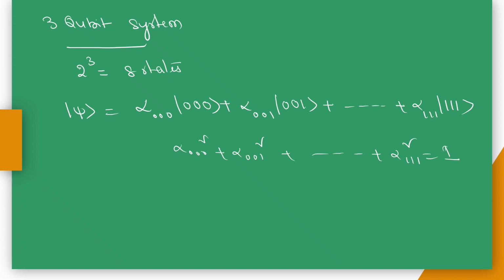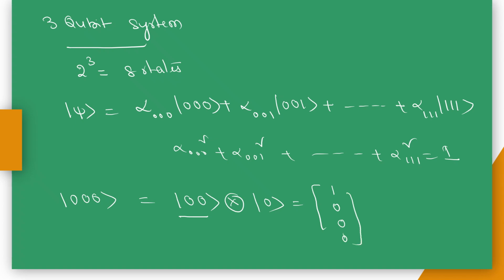How do we represent the matrix of the 000 state? As we know the 00 state, we add another 0 state. Previously, we found the 00 state in the 2 qubit case as 1, 0, 0, 0.